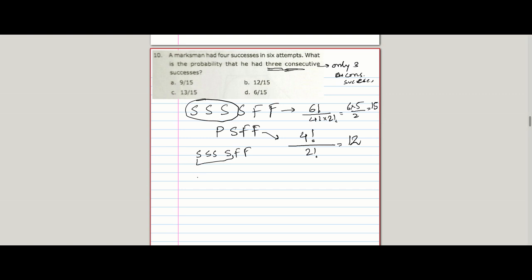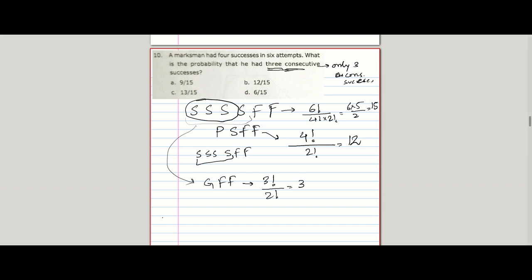So what is the number of ways 4 successes are together? Let's say the 4 successes clubbed together, let's say G, F, F. So number of ways this can be arranged is 3 factorial divided by 2 factorial, which is 3.